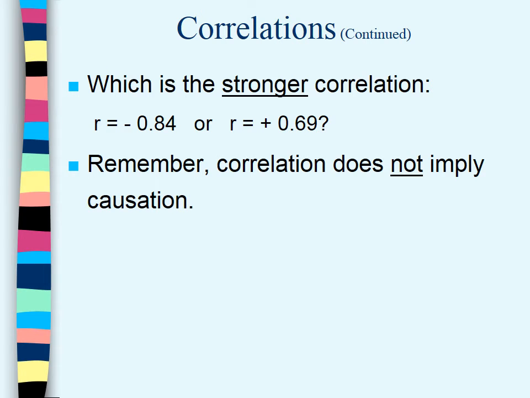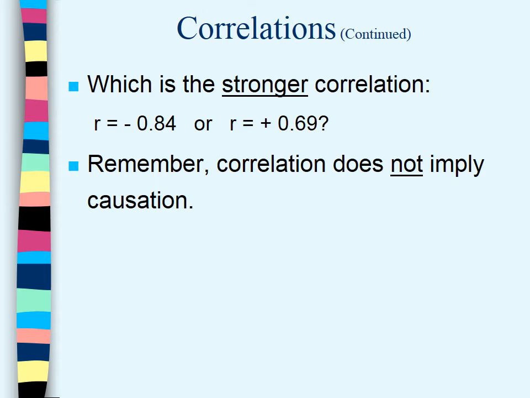The answer is that the -84% has a stronger negative correlation than a +69% correlation. They're both strong, pretty decent relationships, but the closer you are to 1, the stronger the relationship, whether positive or negative.